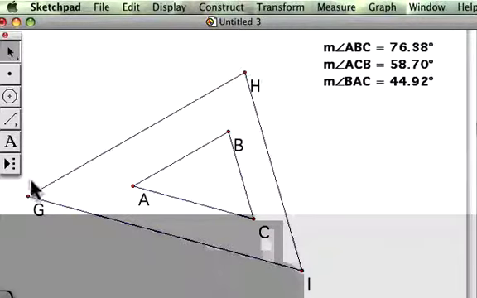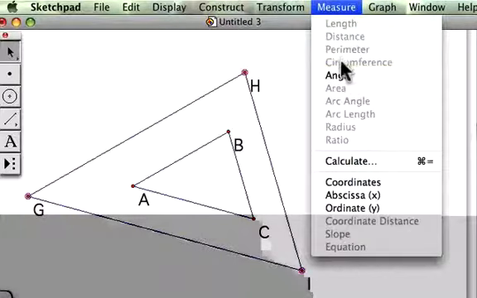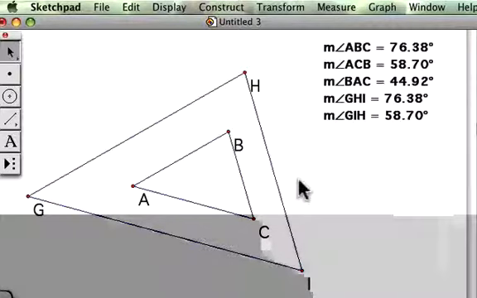Now we're going to measure the angles for the larger triangle. So this is G, H, I. And we're going to now measure GIH. And then we're going to measure the last angle, which is HGI.